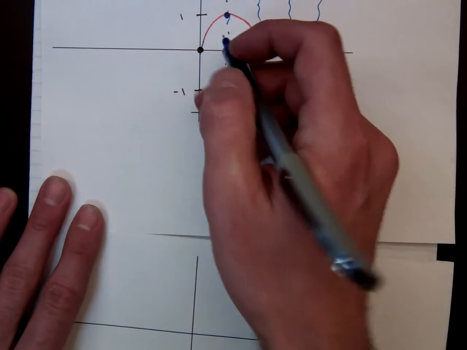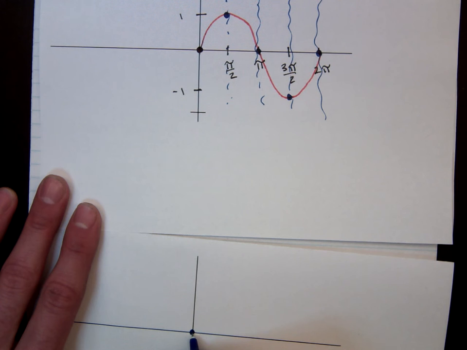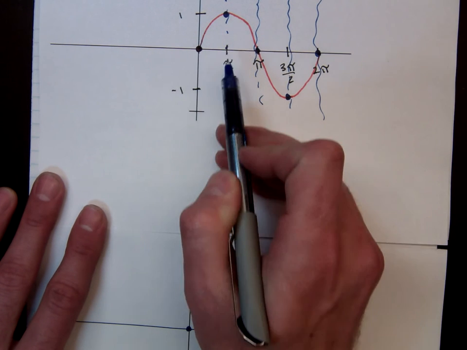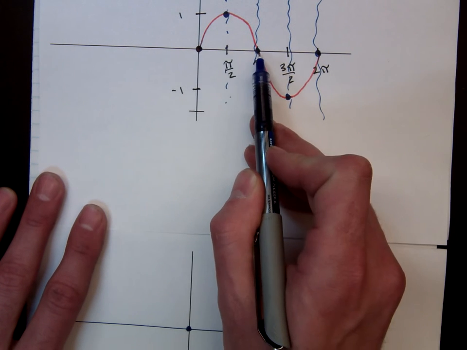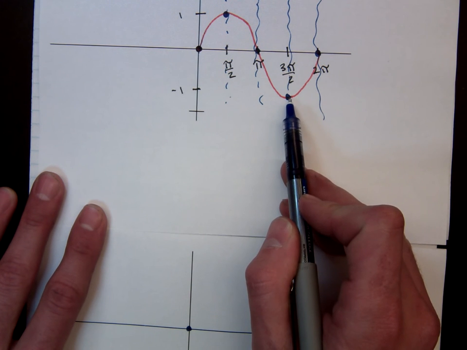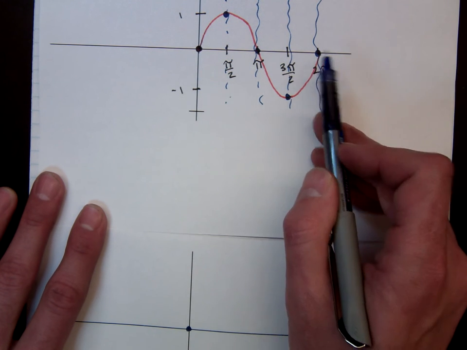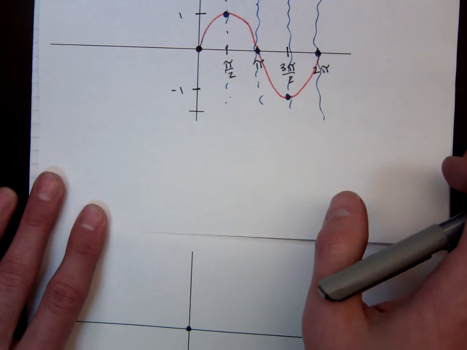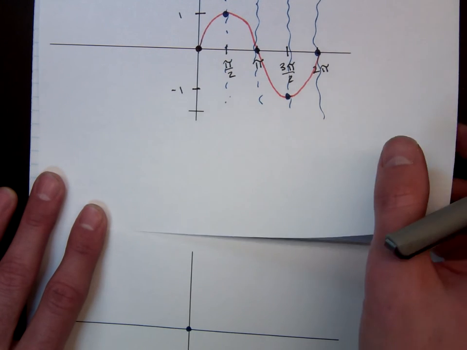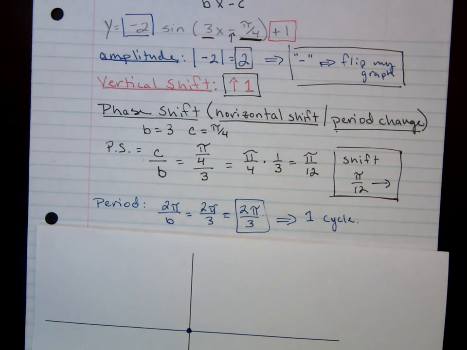I can see that the parent function normally starts right here at 0, 0, and then it travels up to its peak in the first quarter, down to the middle in the second quarter, down to the bottom in the third quarter, and then it finishes up where it started. So I can expect the same idea.